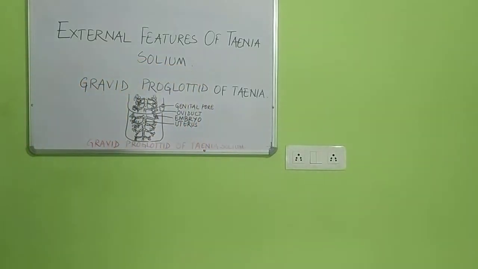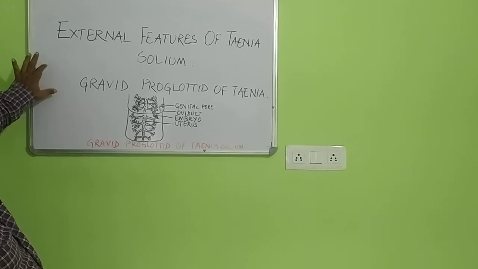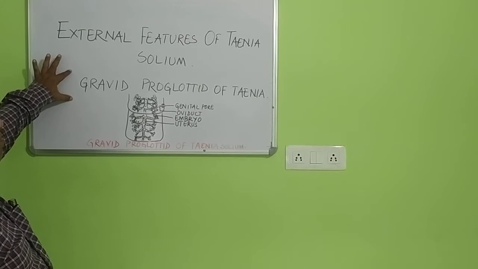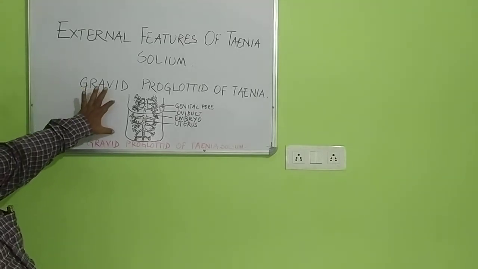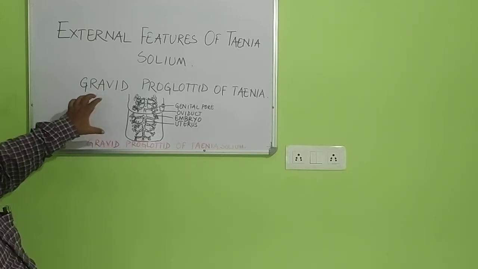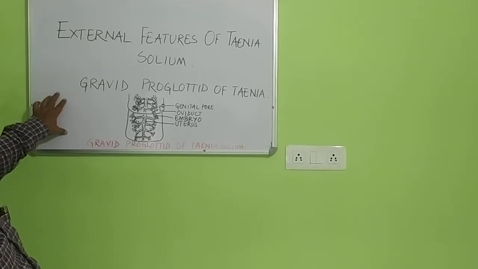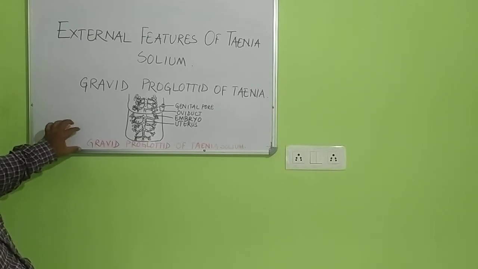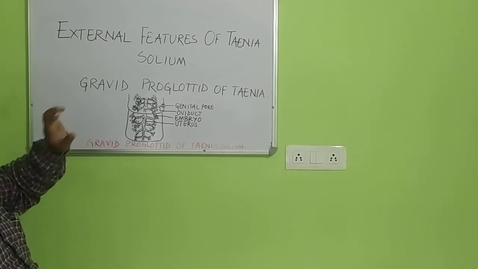Here I also mentioned the external features of Taenia solium. In that context, today I shall explain the Gravid proglottid of Taenia. I already diagrammed one section of the proglottid available at the distal part of the organism, known as the Gravid proglottid, and that picture is on the whiteboard.